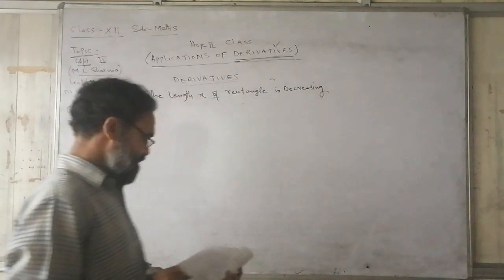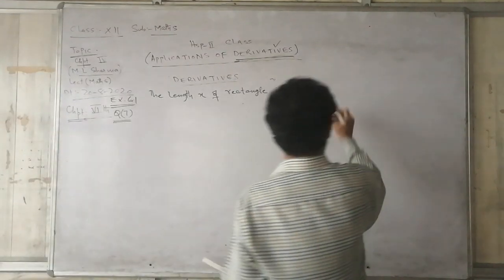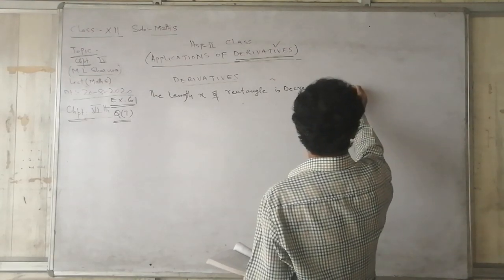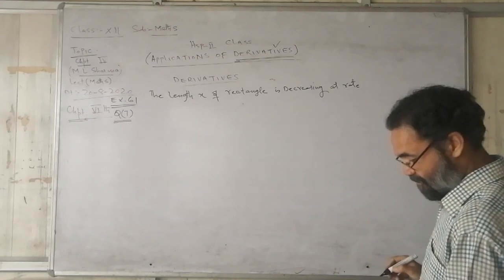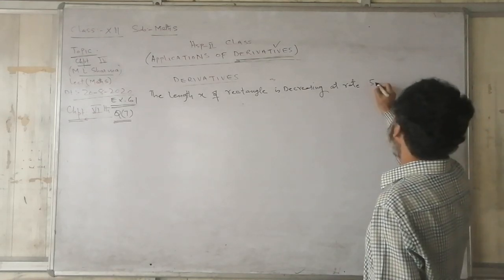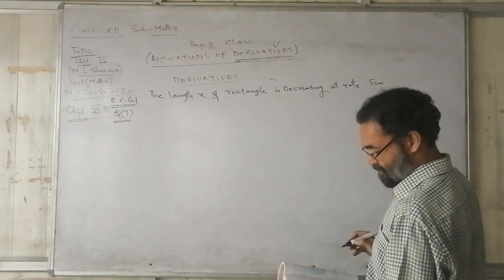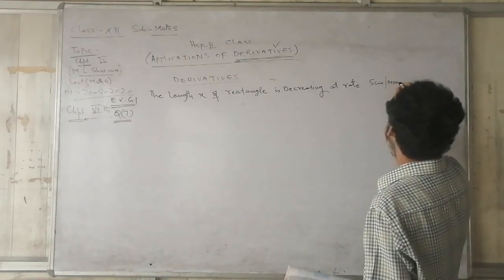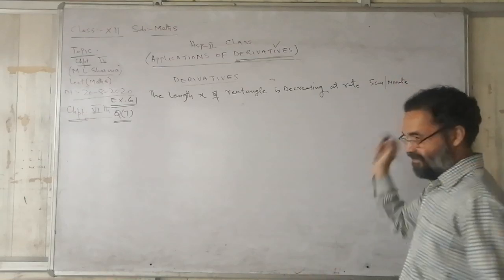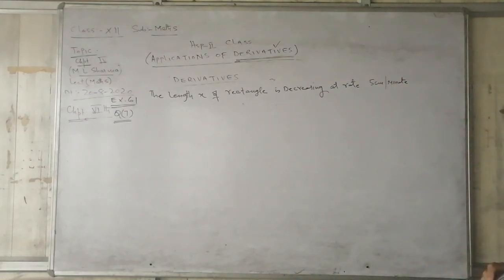Now at what rate is it decreasing? It is given to be 5 centimeter per minute. This is the rate of decrease of the length of a rectangle.